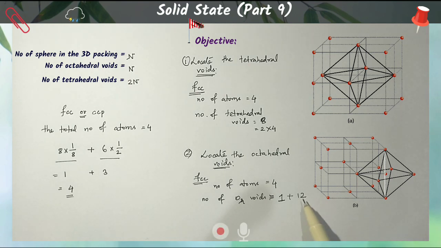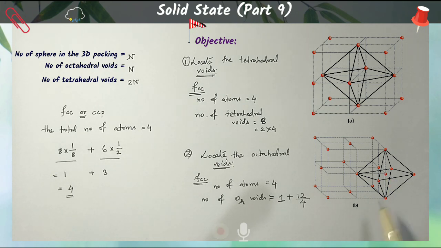That's why we have to divide by 4. Why? Because we only calculate the number of octahedral voids present inside that unit cell, not outside. So only 1/4 of this octahedral void is present inside that unit cell.